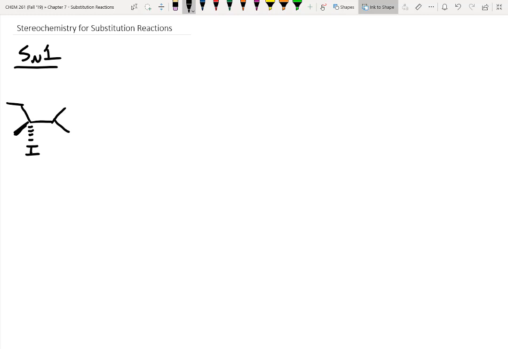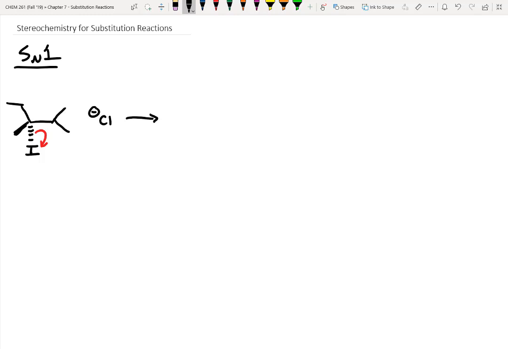In an SN1 reaction, what's the very first step going to be? Is the chloride going to attack the carbon and kick off the iodine all in one step? Or is the iodine going to fall off first? Iodine will fall off first. Okay? So first step, we know that iodine will fall off.